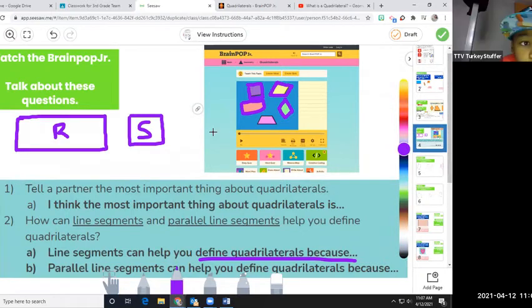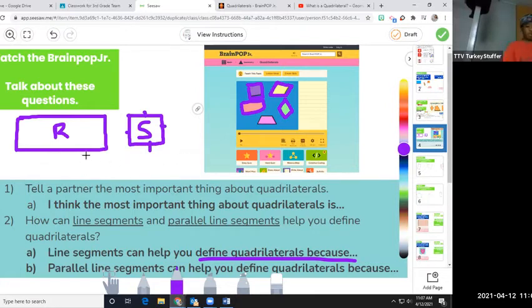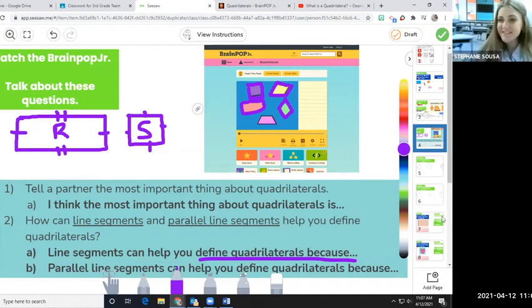The square has all 4 sides the same. Rectangle doesn't have equal. There's only 2 sides that are equal. Well, there are 4 that are equal, but there's 2 that are longer than the other 2 side pairs. Yes, we call that pairs. Wonderful. So line segments, we can talk about their length to help us define quadrilaterals. A square, they are all the same length. A rectangle, they have 2 pairs with different lengths.